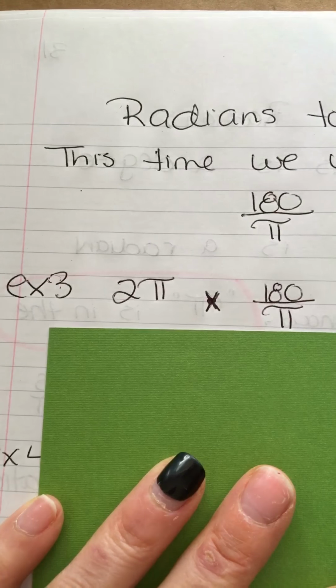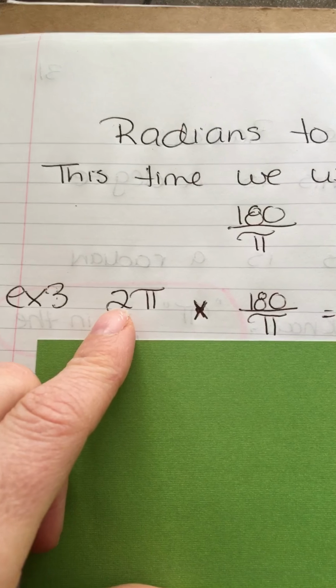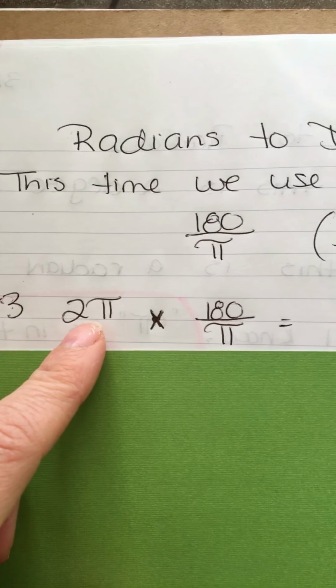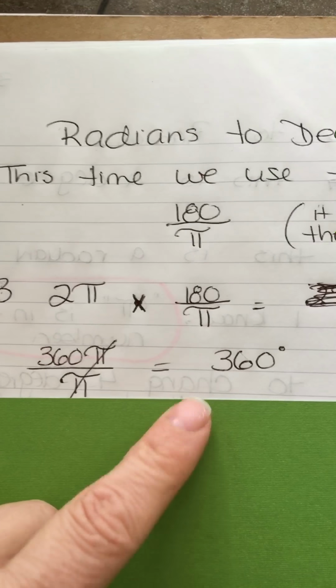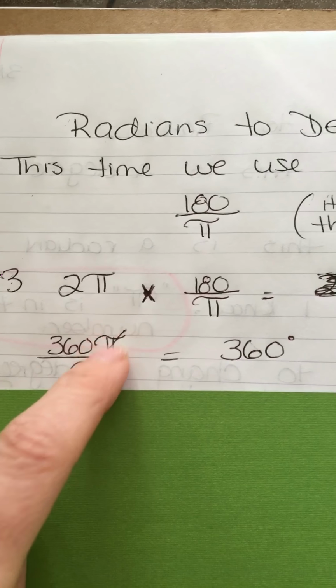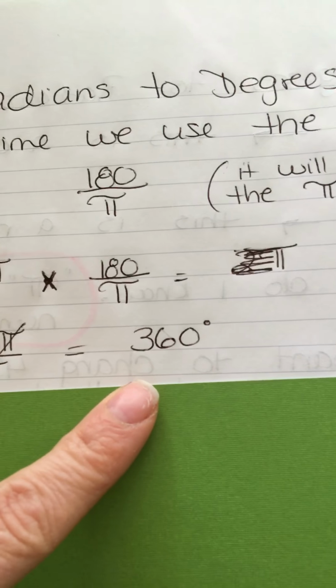So example 3. I have 2 pi times 180 over pi. Here's a radian that's a whole number, but remember there's always an invisible 1 under there. So when I multiply them together, I get 2 times 180, which gives me 360 pi over pi. The pi's will cancel out. That will leave me 360, and that's the final answer.